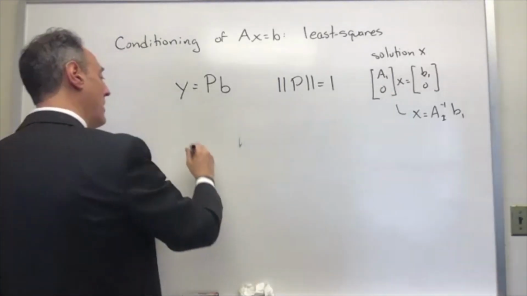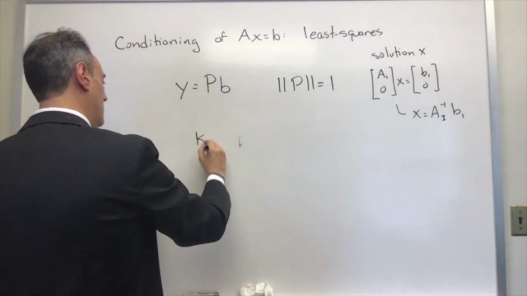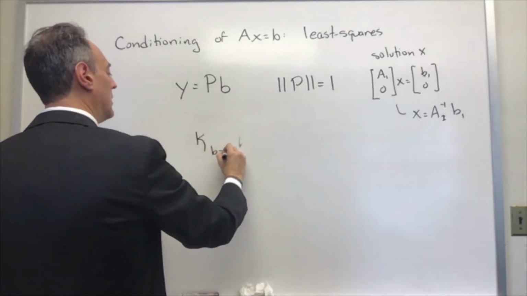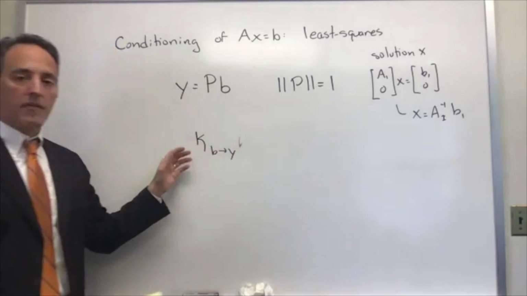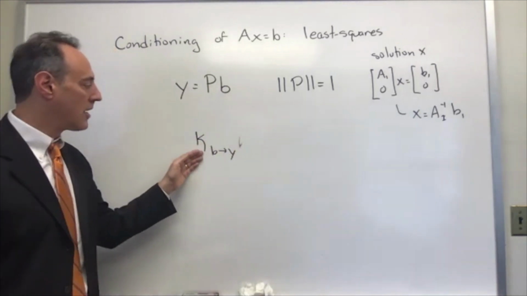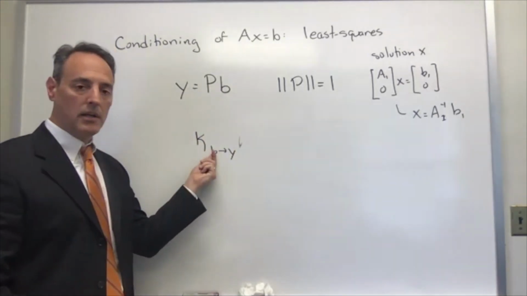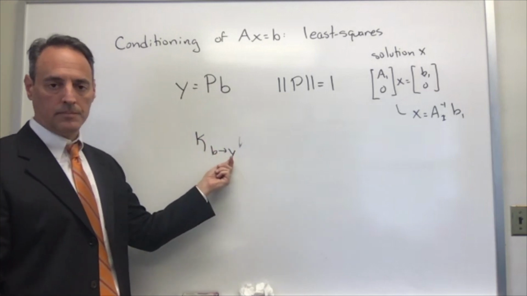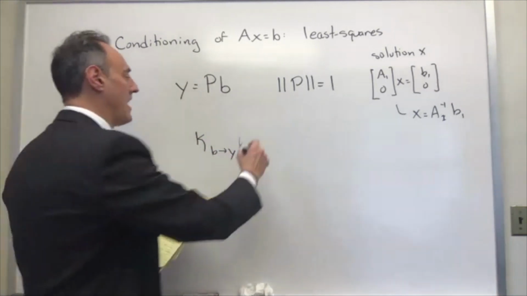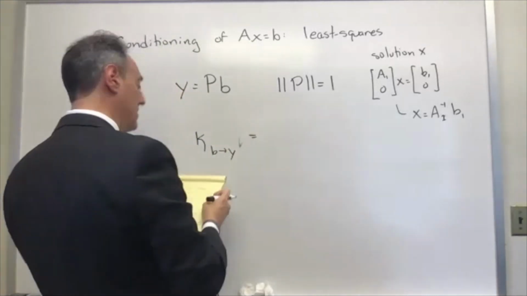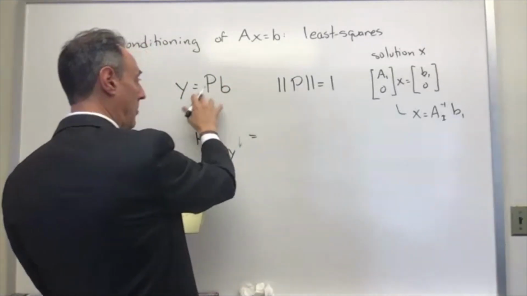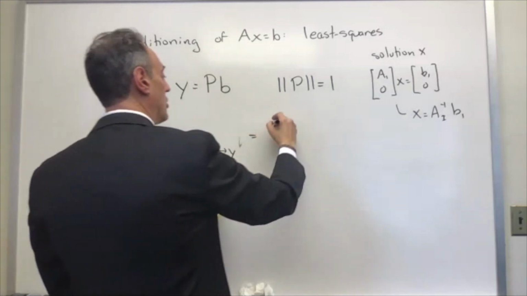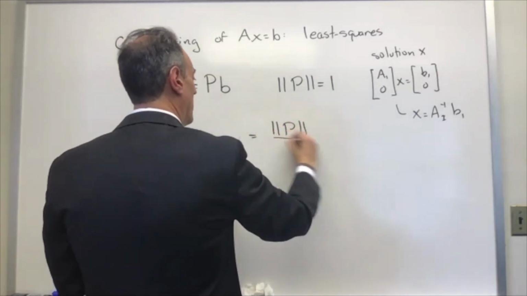And so if you remember the definition of, here we go, I'm going to just do this. So now I ask the following question. What is the condition number, perturbations of B going to Y? So the definition of that basically is given right by here. This is the problem I'm trying to solve. And so you have this.